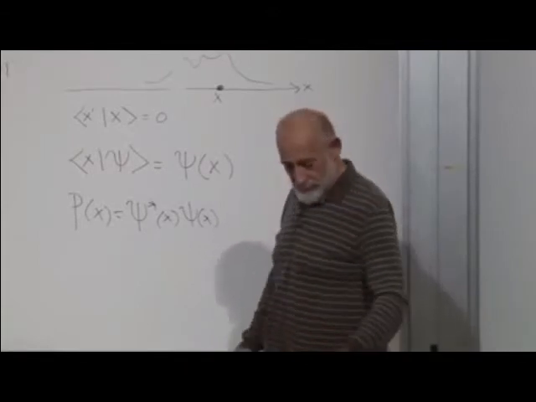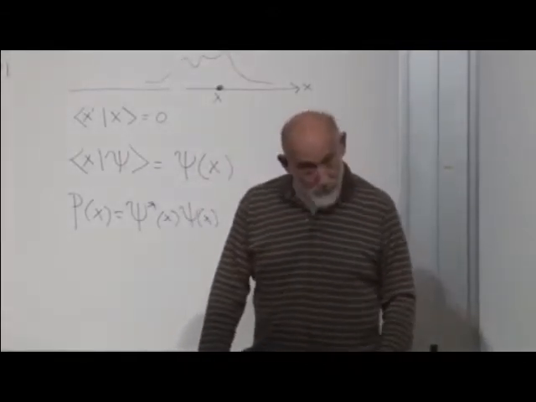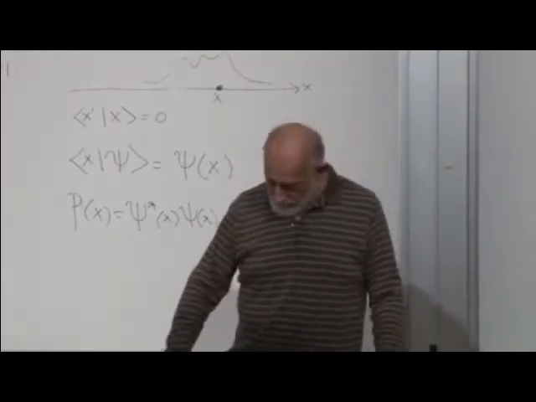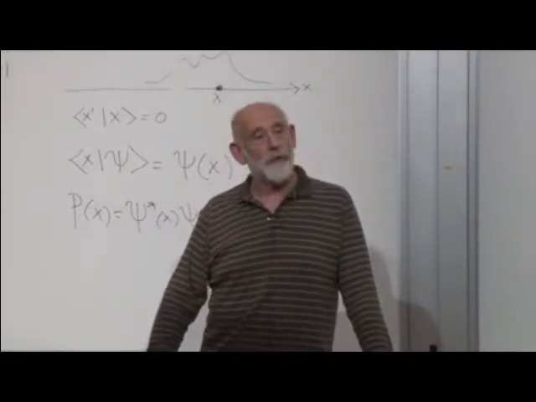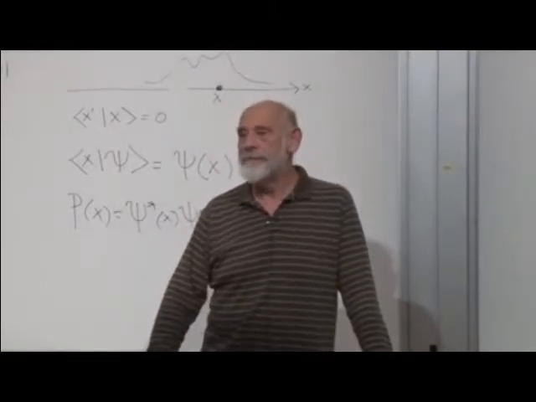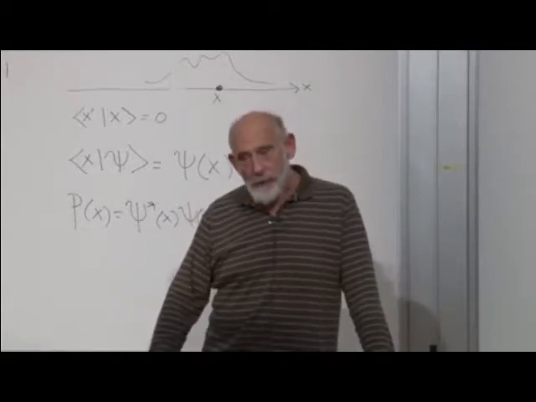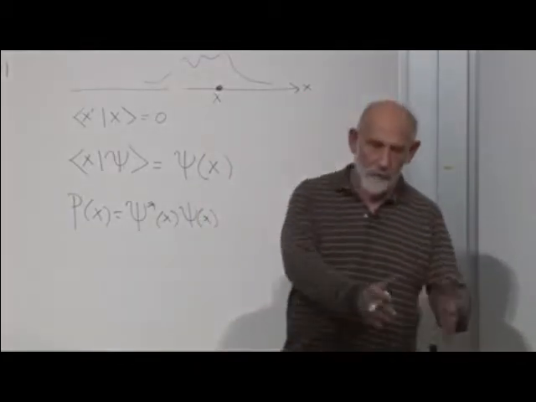All right, so that's the idea of position. The other important observable for a particle, there are many, of course, but the other particularly important one is called the what? The momentum. In classical mechanics and in quantum mechanics, positions and momenta come together.